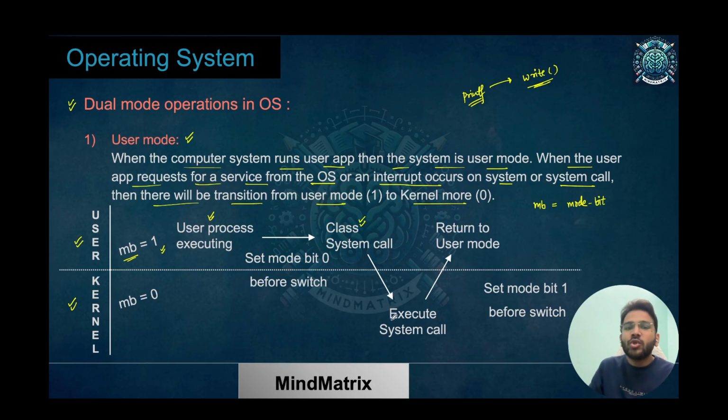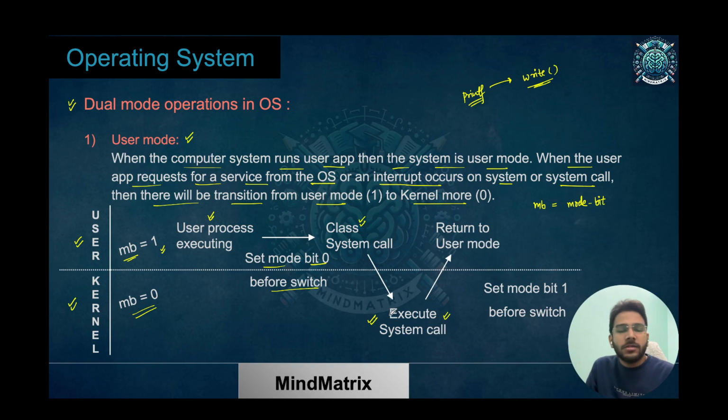So we need to switch, to transit from user to kernel mode. First we set the mode bit to 0 before switching the mode, and then now we are in the kernel mode where mode bit is equal to 0, we are going to execute the system call.